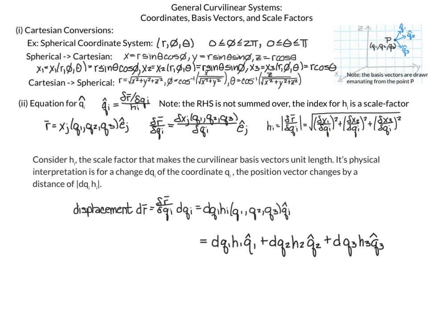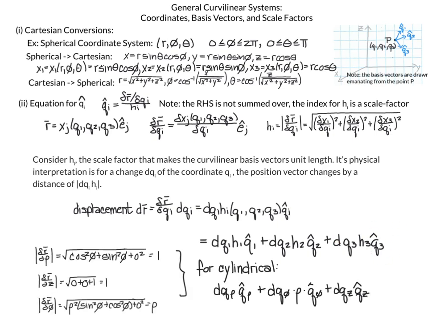Expanding this out for 3 dimensions, that's dq1 h1 in the q1 direction, dq2 h2 in the 2 direction, and dq3 h3 in the 3rd direction. Applying this to cylindrical coordinates, for rho, z, and phi, that would be dq rho in the rho direction, dq phi times rho in the phi direction, and dqz in the z direction.